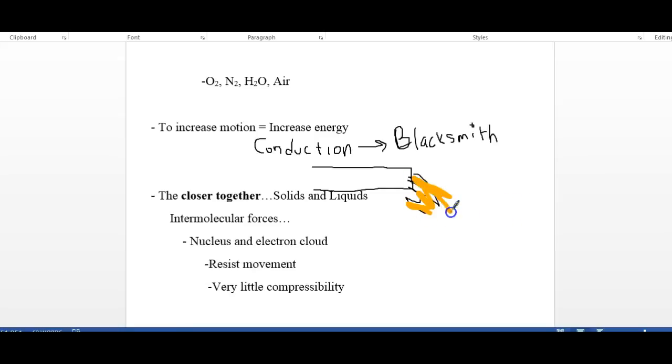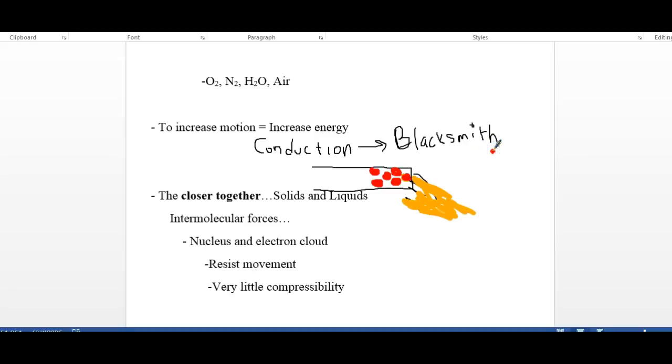If we were heating this up with a torch, it would initially get hot right here, and you've probably noticed this when you heat things. It gets hot here, but then as it meets other molecules, it goes further and further down and spreads to the whole thing. So if you were heating this here, eventually this section up here would get hot because the molecules pass on that energy. That's conduction.